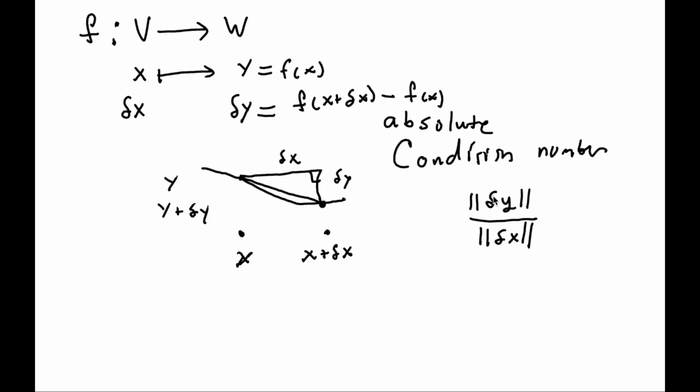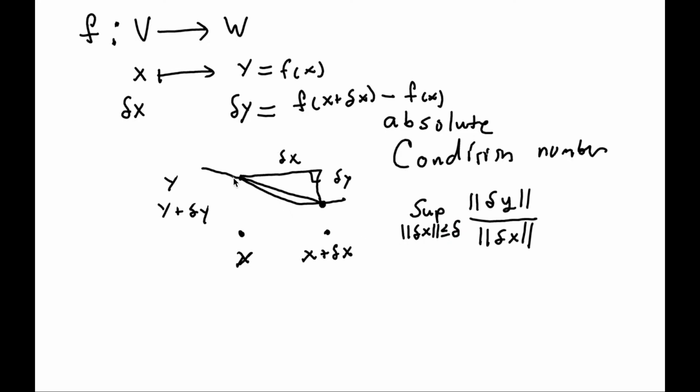If this didn't have norms, this would be the classic derivative. But we're going to take norms, so we're looking at the ratio. And now we're going to take the supremum as the size of delta x is less than or equal to delta.